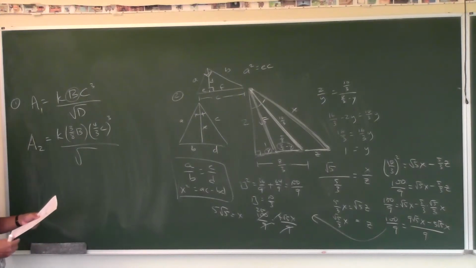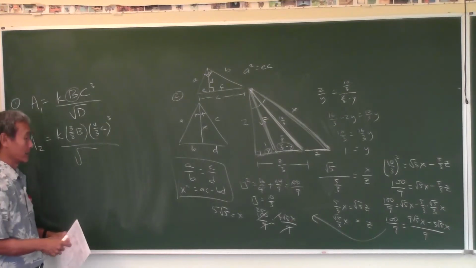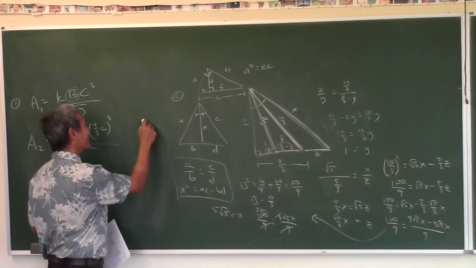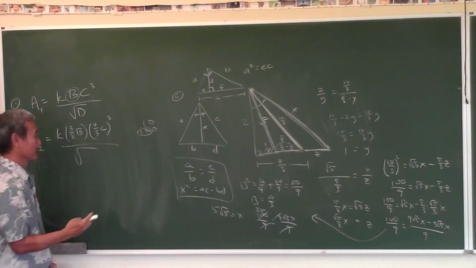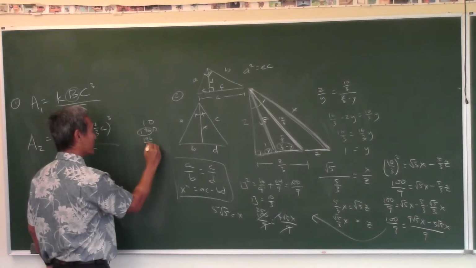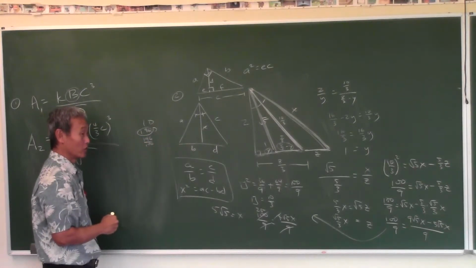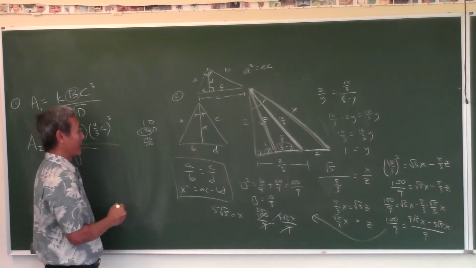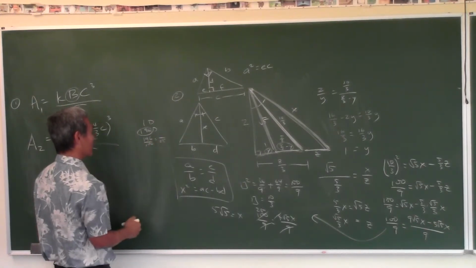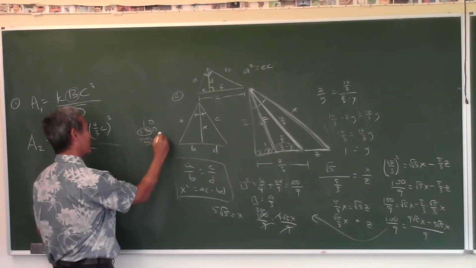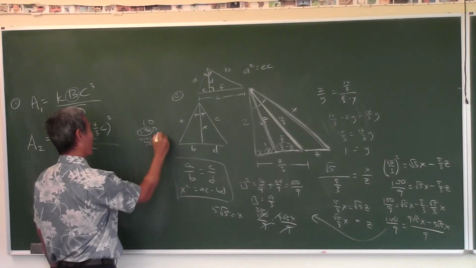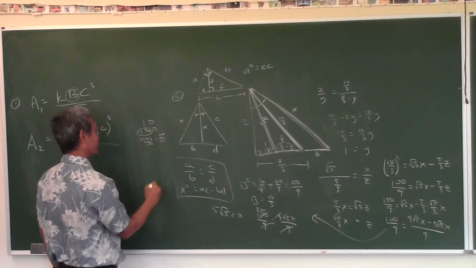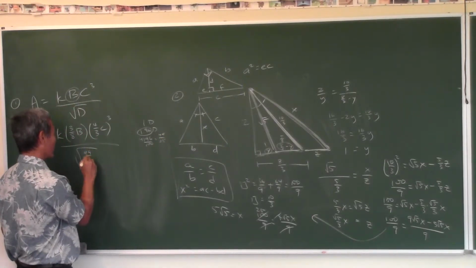Now what about D? D is increased by 96%. So it's going to go from 1D to 1.96D. Now, if you change that to a fraction, what is that? That's 196 over 100, which can be reduced by dividing by 4, so that's 49 over 25D.